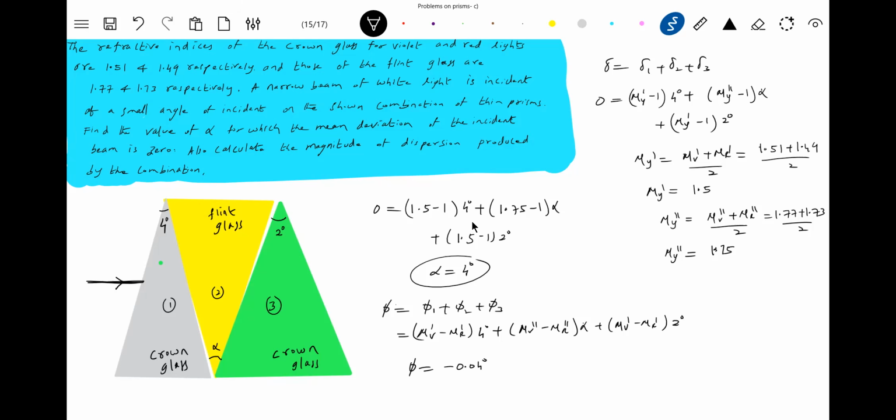What do you mean by that? The negative sign indicates violet on top. The final spectrum will be, this will be violet, and somewhere this will be the red.